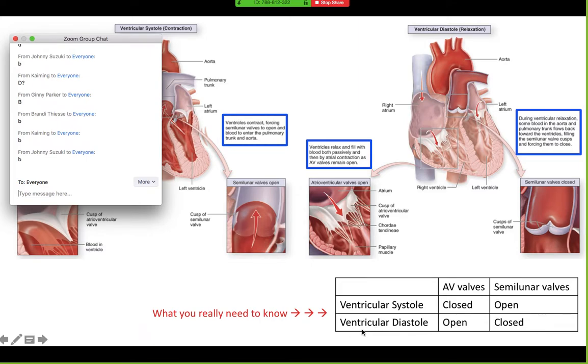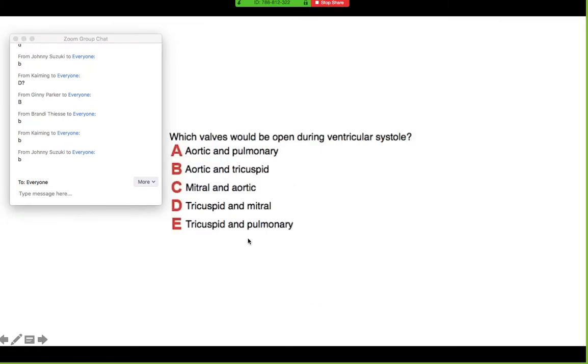And then during ventricular diastole, when the heart is filling, the AV valves are open until the ventricle is filled, and then the semilunar valves remain closed. Of course, you're going to go into a lot more detail in physiology, but if you can just understand this little box right here for now, that's going to be more than enough to get you by for the lecture exam. Okay, so which valves will be open during ventricular systole?